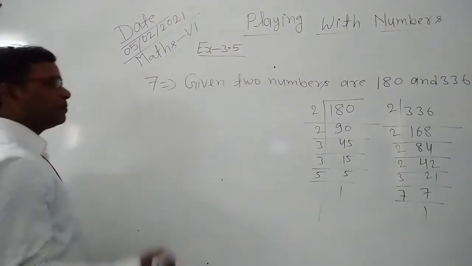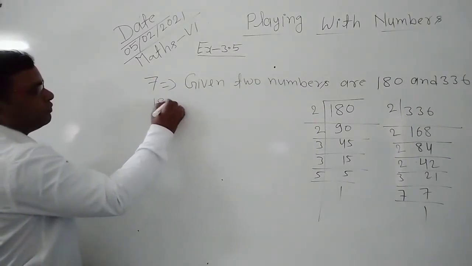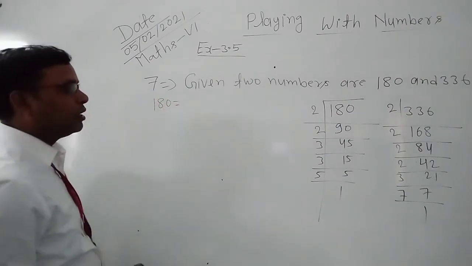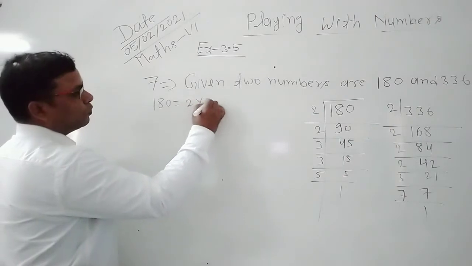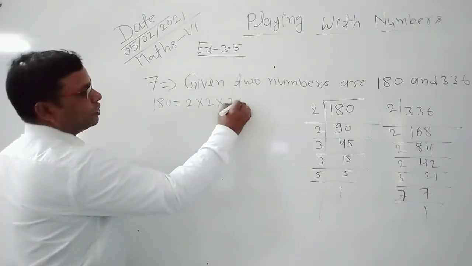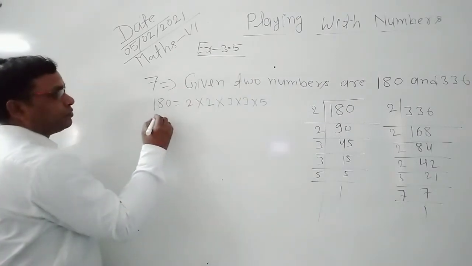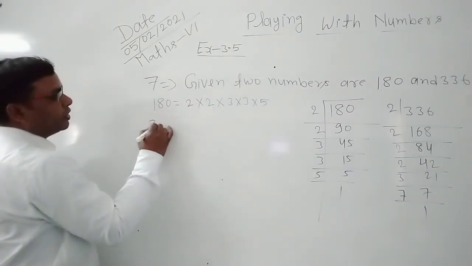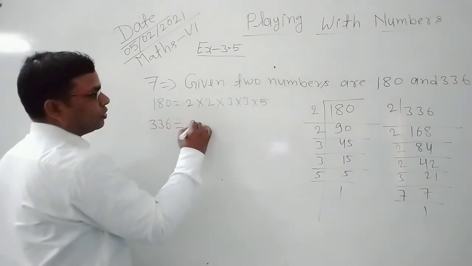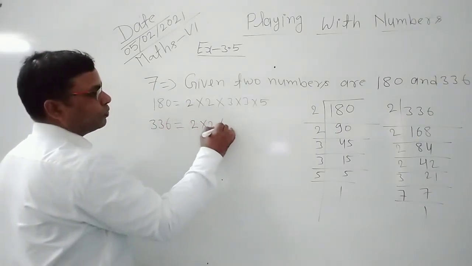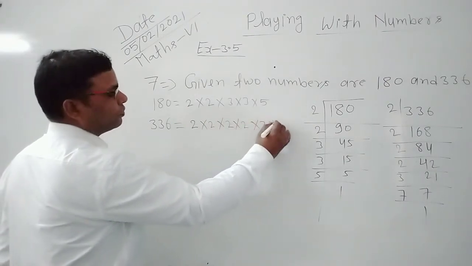So students, here we can write 180 expressed as a product of prime factors: this is equal to 2 into 2 into 3 into 3 into 5. And 336 is equal to 2 into 2 into 2 into 2 into 3 into 7.